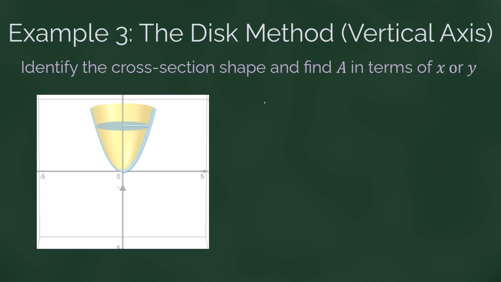Now that we know we want to choose our cross-sections by slicing perpendicular to the y-axis, we're going to identify the formula for the area. We can graph the function we're given, y equals x squared, and on that graph we'll choose a representative slice at a y value of c.